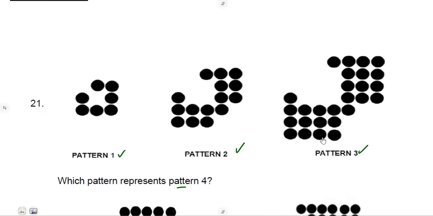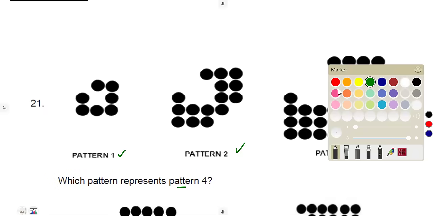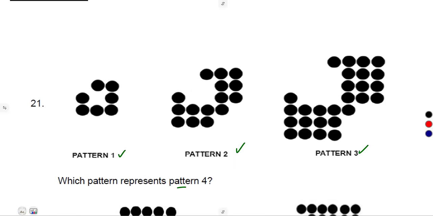How can I see that this is pattern number 4? If we study properly here, there is something that is common that is happening here. The first pattern, if we consider this one, and this one. Remove them. This one here at the corner, and this one at the corner, the anchors.